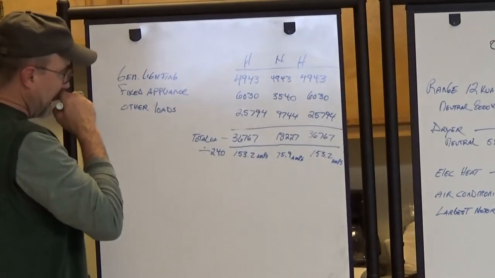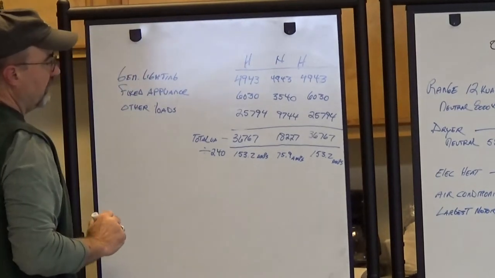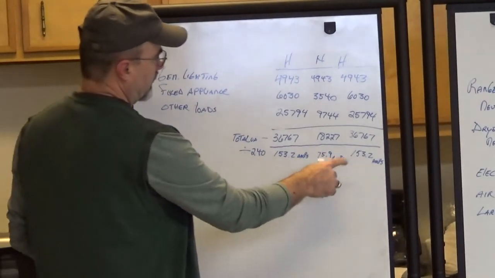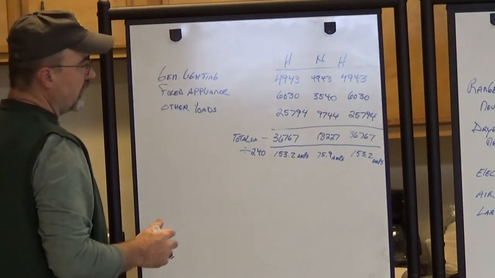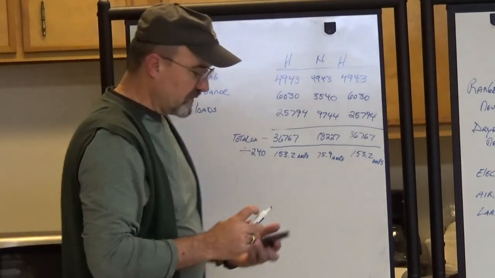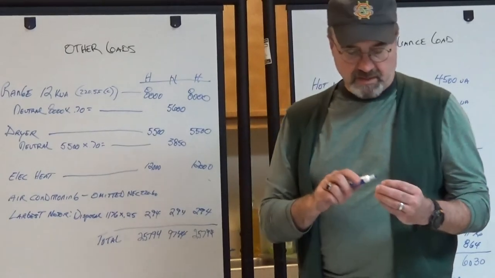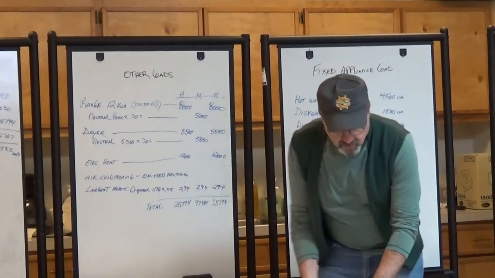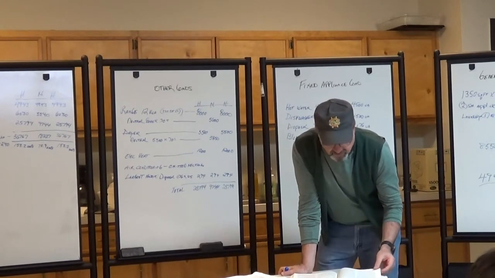Right? Okay. So the amps, we need about 153 amps, and we need wire for at least 76 amps, right? So let's look at Table 310.15(B)(16).